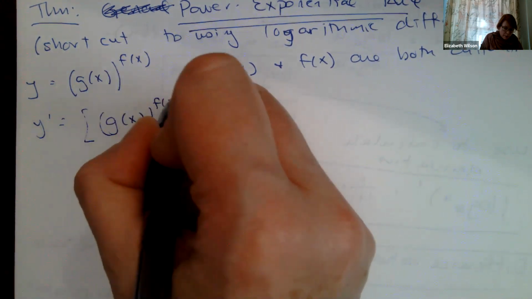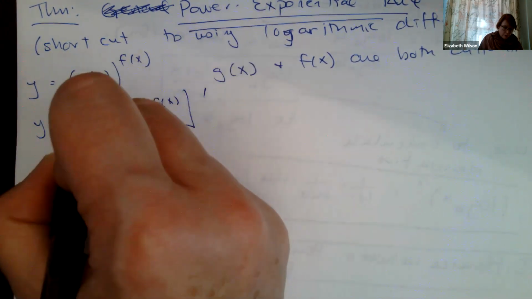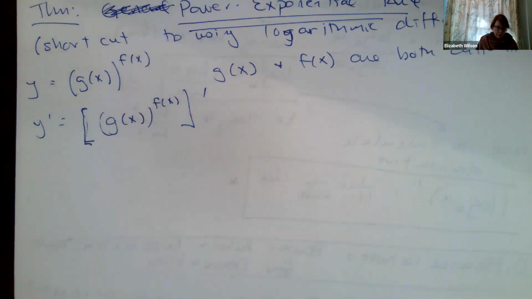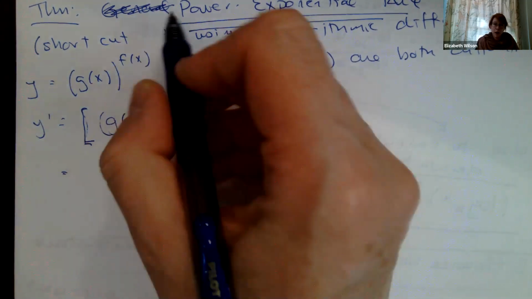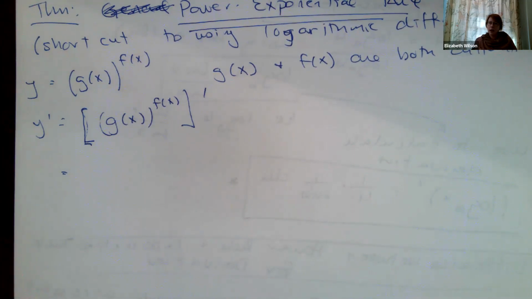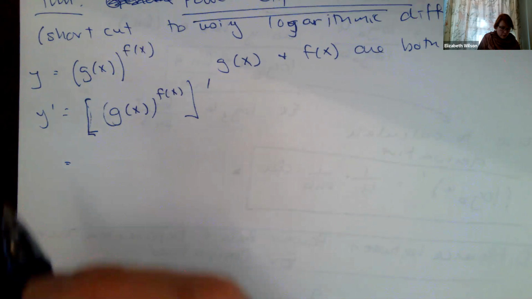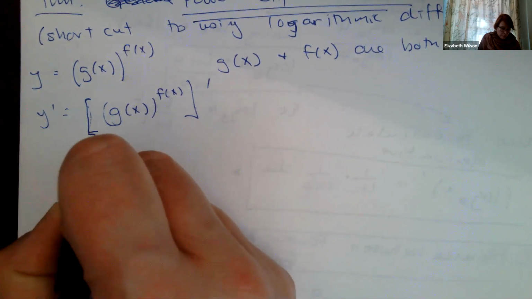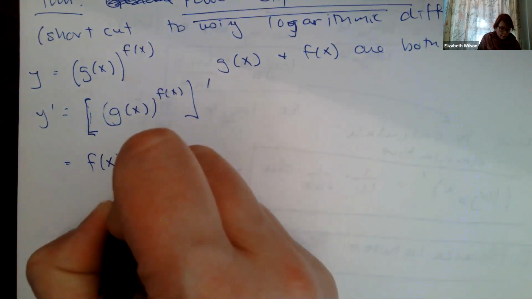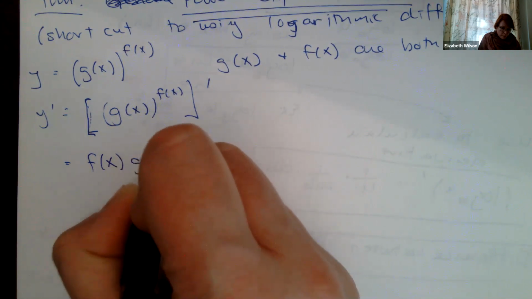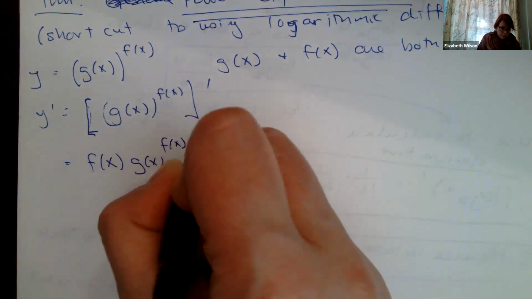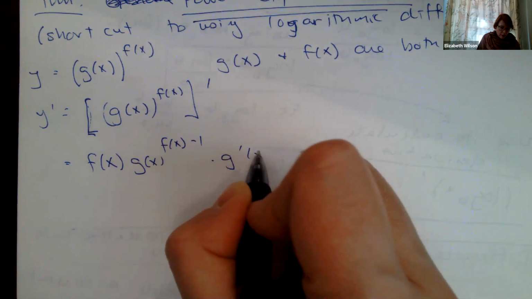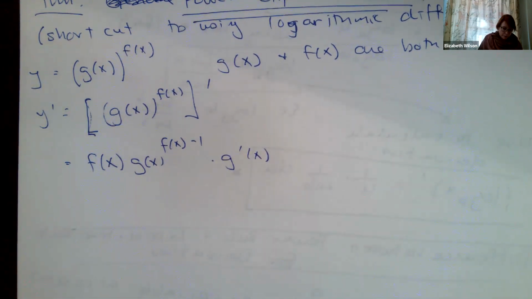So I want to take that derivative. Now my shortcut using this power exponential rule. Absolutely you can do logarithmic differentiation, but our shortcut says how we're going to do this is this: f of x times g of x to the f of x minus 1 times g prime of x. This is our power rule part.